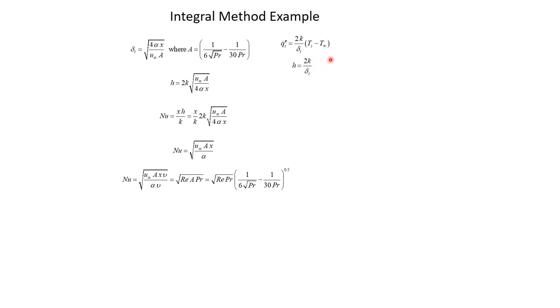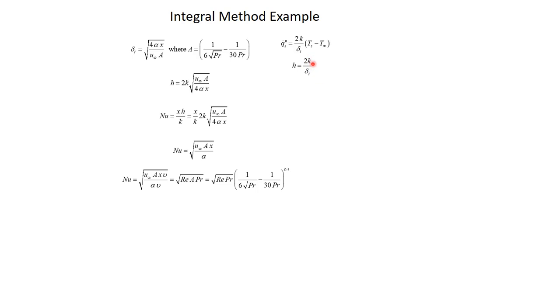And again, this should look pretty familiar to you because this is how we understood laminar heat transfer coefficients to begin with. We said that getting the energy through the boundary layer is a conduction problem, and the conduction resistance is related to the boundary layer thickness divided by k, where k is the thermal conductivity of the fluid.